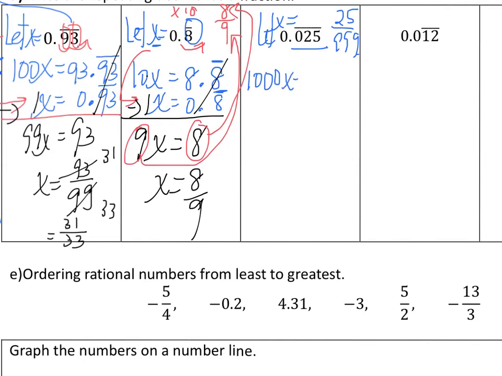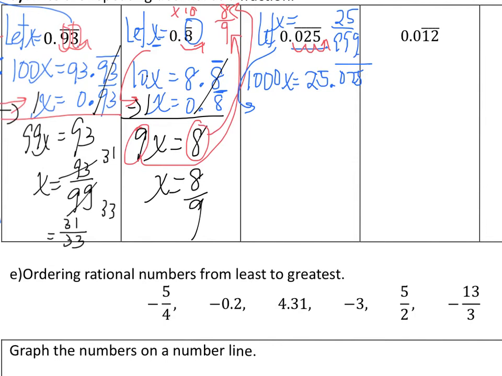I'll get 1,000x, then this 3 shifts to the right. So 25.025 repeating, and I'm going to take this down.